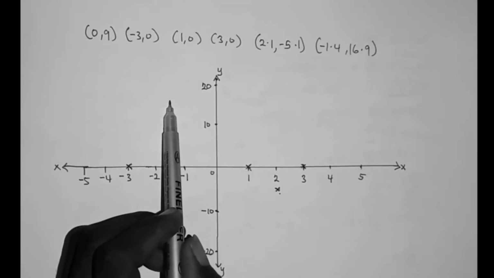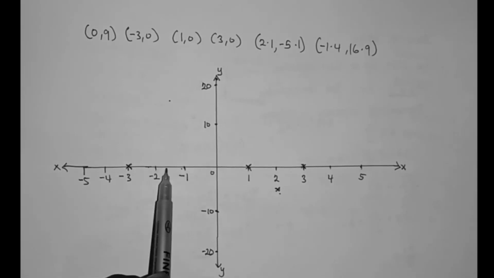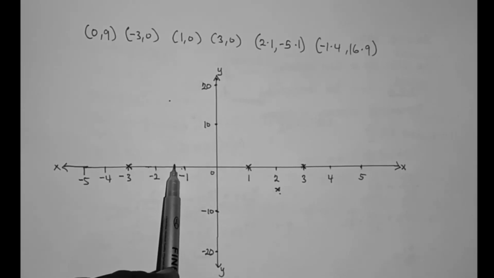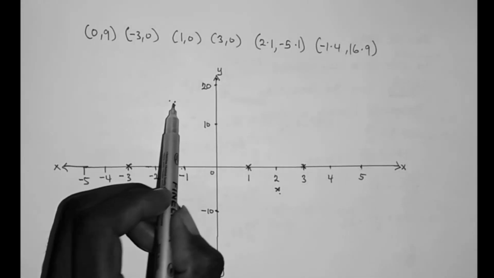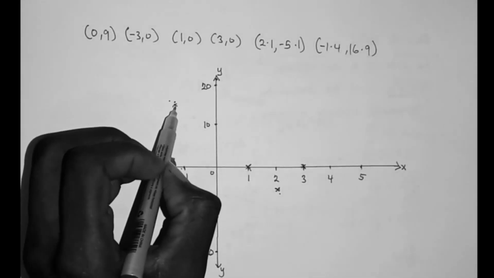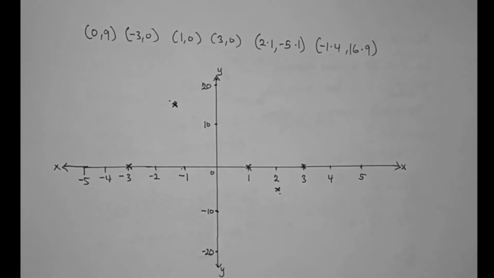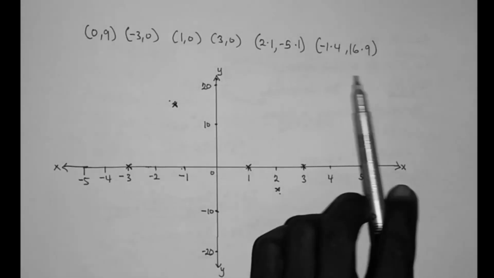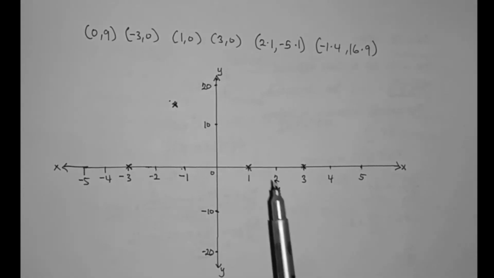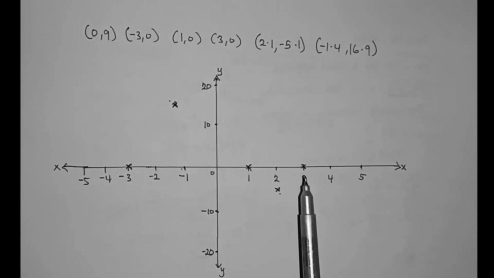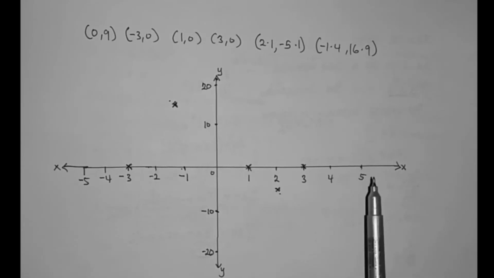And then 1.4, this is 1.5, so 1.4 is somewhere here. So we can plot this point as minus 1.4 and 16.9. My graph has not been drawn to scale. So if you use the original graph sheet, you should get everything correct.